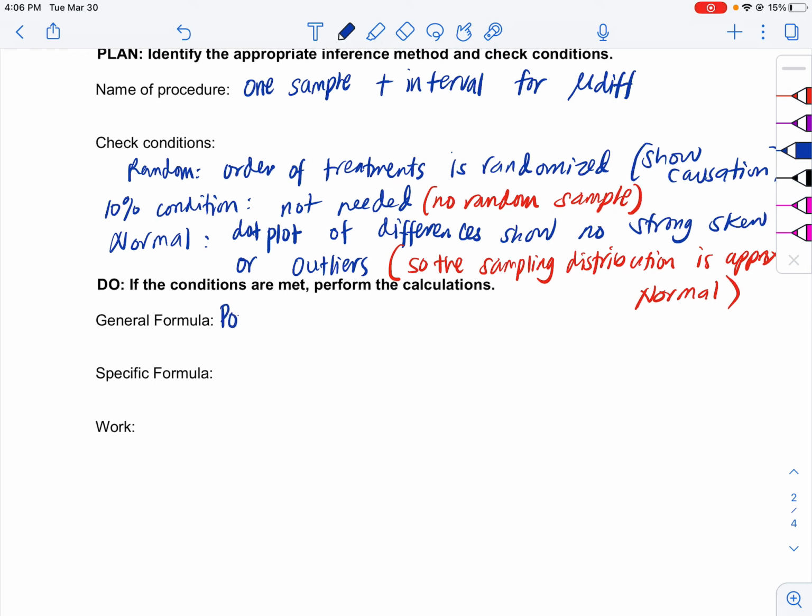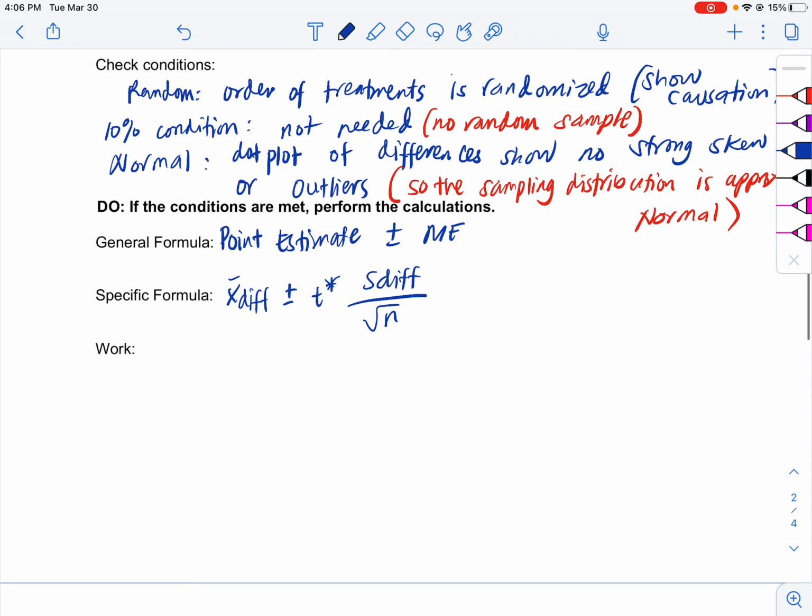Okay, general formula. We're so used to this one: point estimate plus and minus margin of error. Our formula is not going to be x bar 1 minus x bar 2. It's going to be x bar diff, whatever the difference between each pair, plus and minus t star, same thing, and s diff over square root of n. So x bar diff is 2.07. We got that from Statplet or from the calculator.